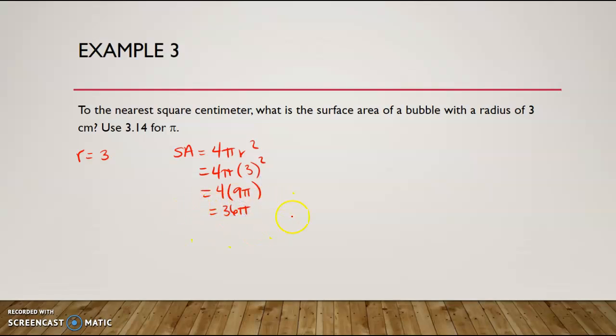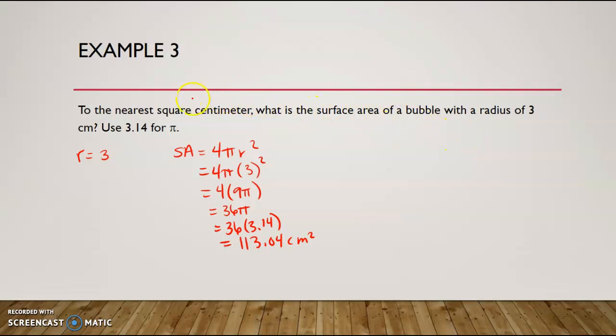So right now this is our answer in terms of pi, in case Math Excel asks you to give an answer in terms of pi. This is what it's talking about. And then I'm going to take that 36 times 3.14, because that's what Math Excel wants us to use. And when I do that, I end up with 113.04 centimeters squared. Now, I've got to be careful.